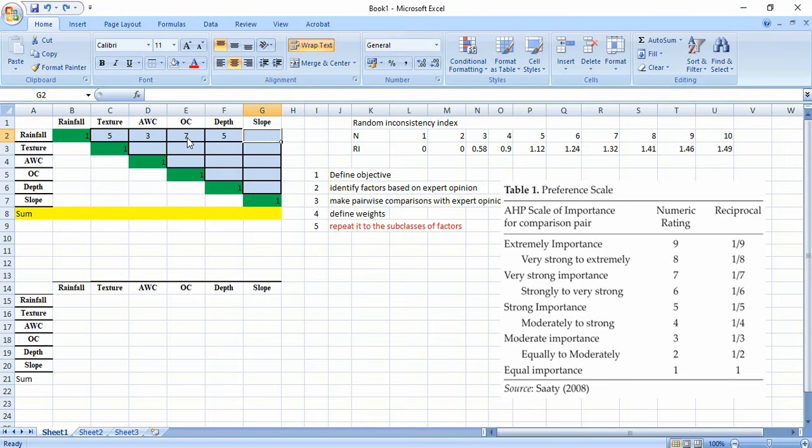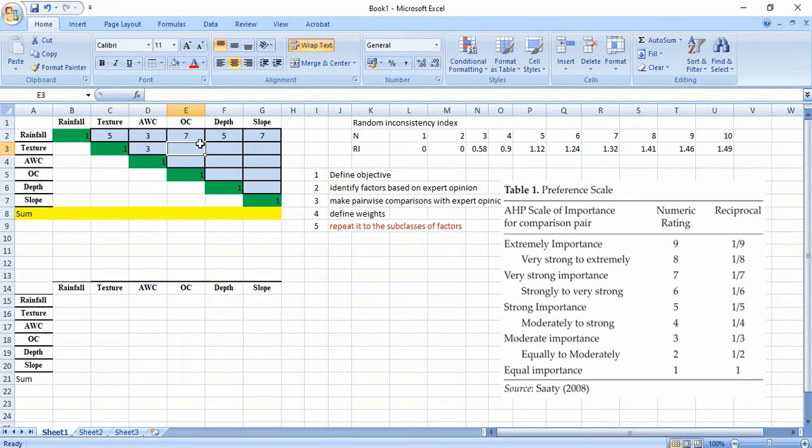Then slope also, between rainfall and slope you find rainfall more important, you can have like 7 or 8, anything. Then first we have to fill this upper diagonal, then we will come to this also. So like between texture and AWC, suppose you find texture as more important but not much, suppose 3 you are giving.